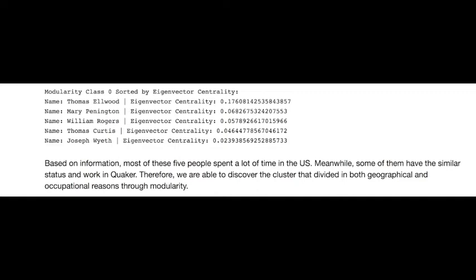So in our example, we can see that these 5 people might be divided into 1 community, and it means they might have some similar behaviors. And in fact, based on the information, they all spent a lot of time in the US, and maybe in Quaker they have a similar status, and maybe their jobs in Quakers are also the same.